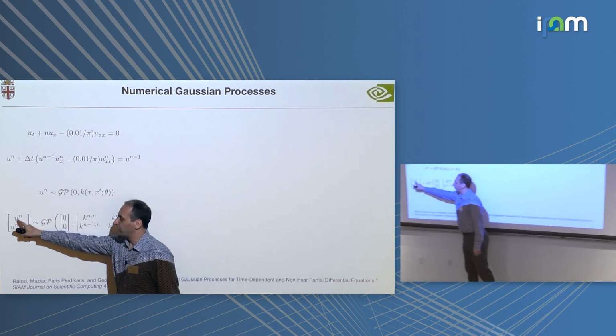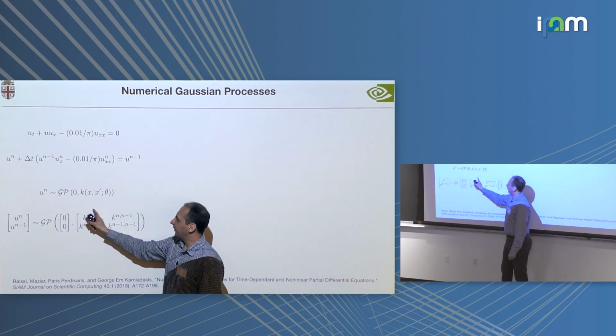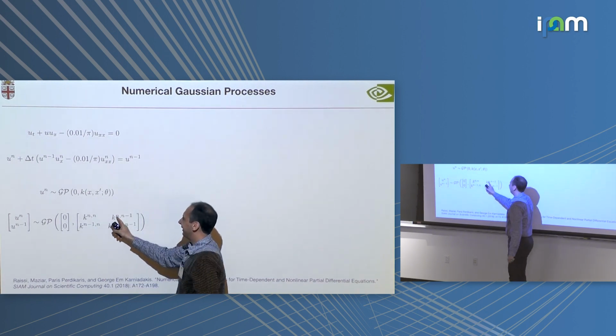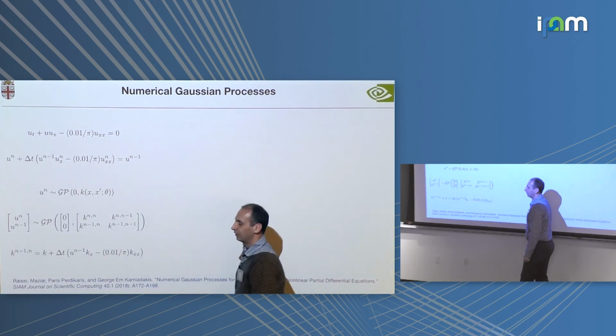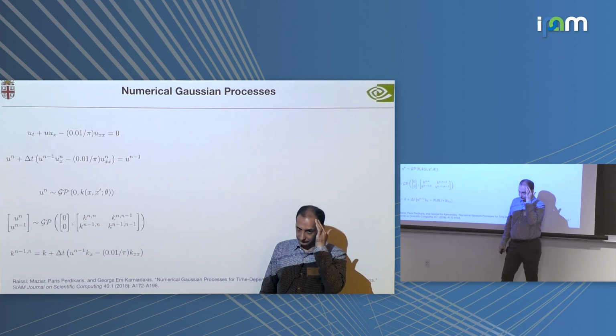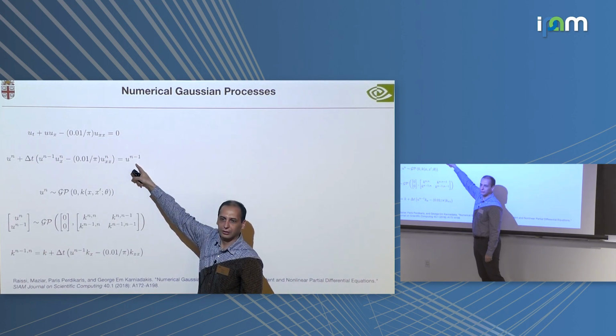We can write down the correlation between u^n and u^{n-1}. This is the kernel that we started with. This is k. This is k_{n,n-1}. And look at the form. Compare it to the equation.